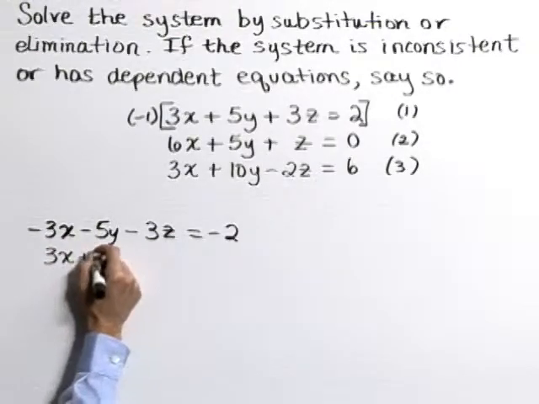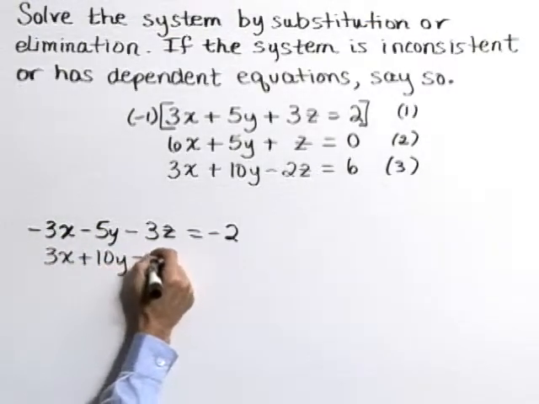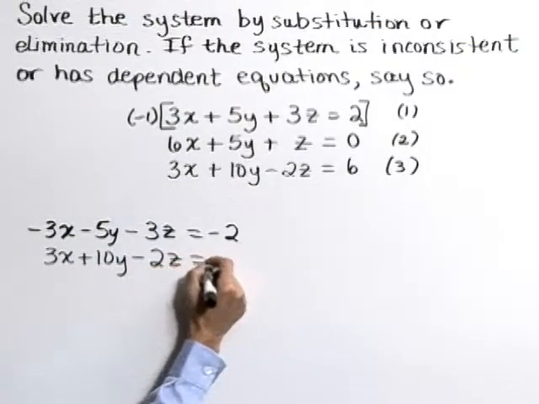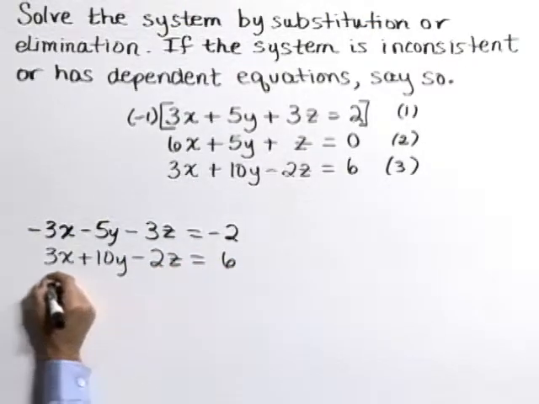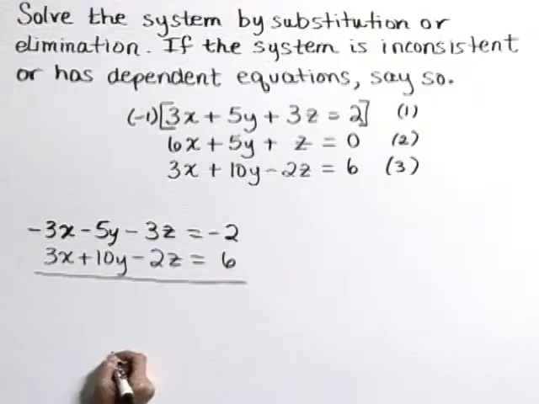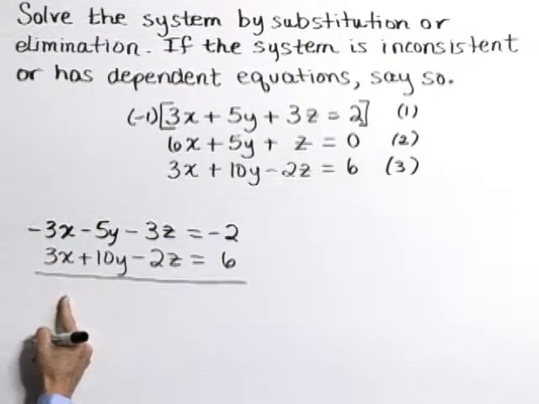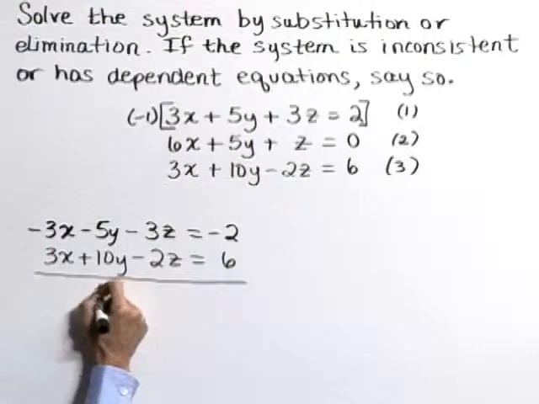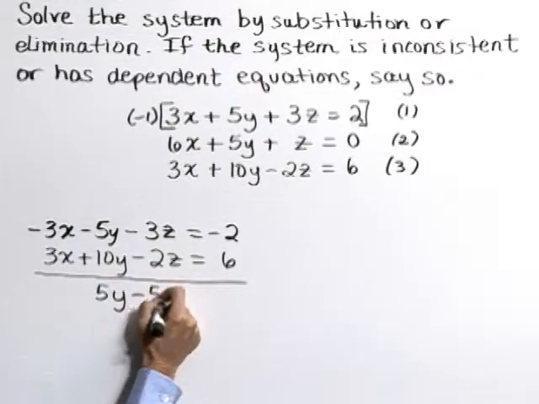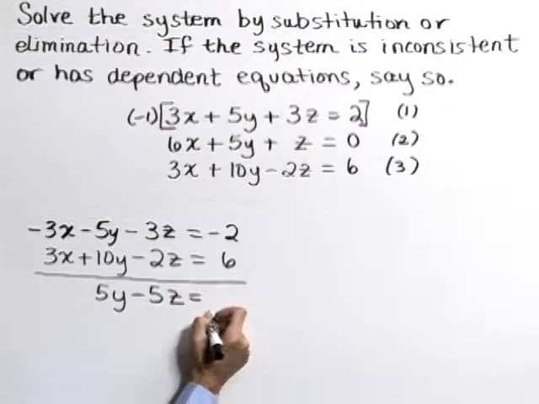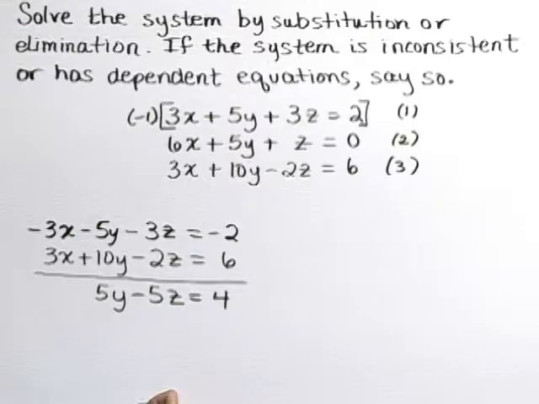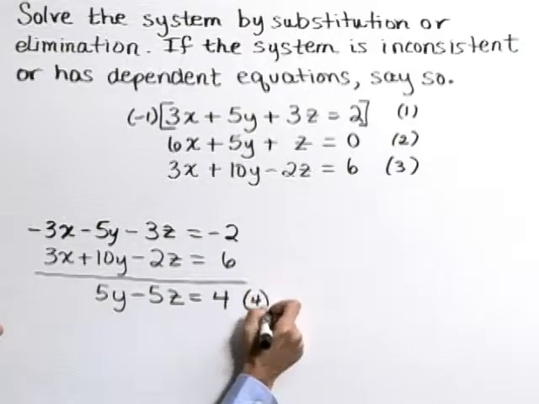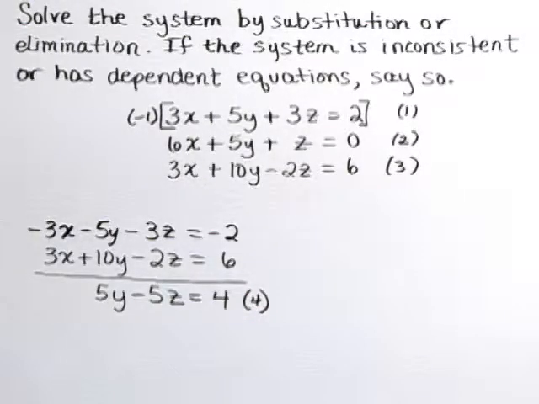It's 3x plus 10y minus 2z is equal to 6. Adding these equations together, our x variable eliminates, and we get 5y minus 5z is equal to 4. I'm going to identify this as equation number 4.